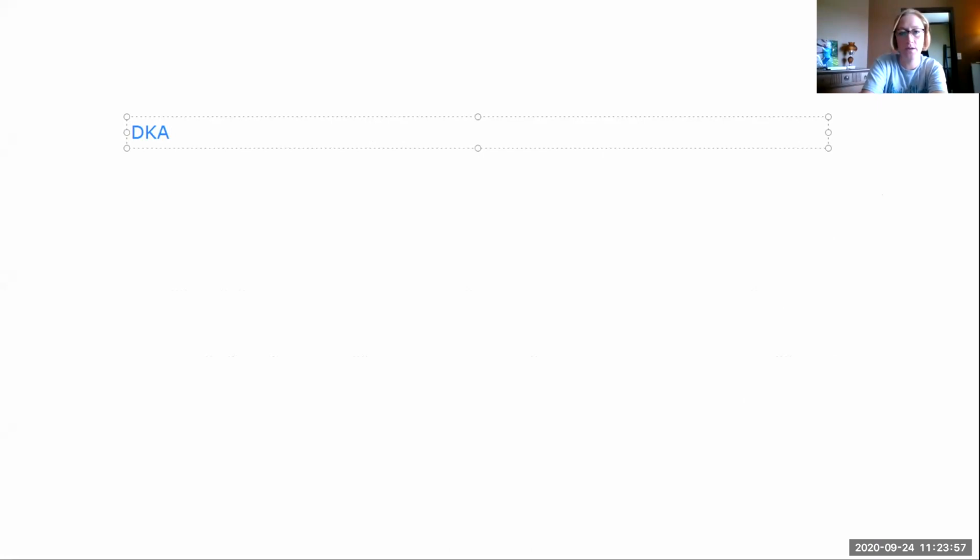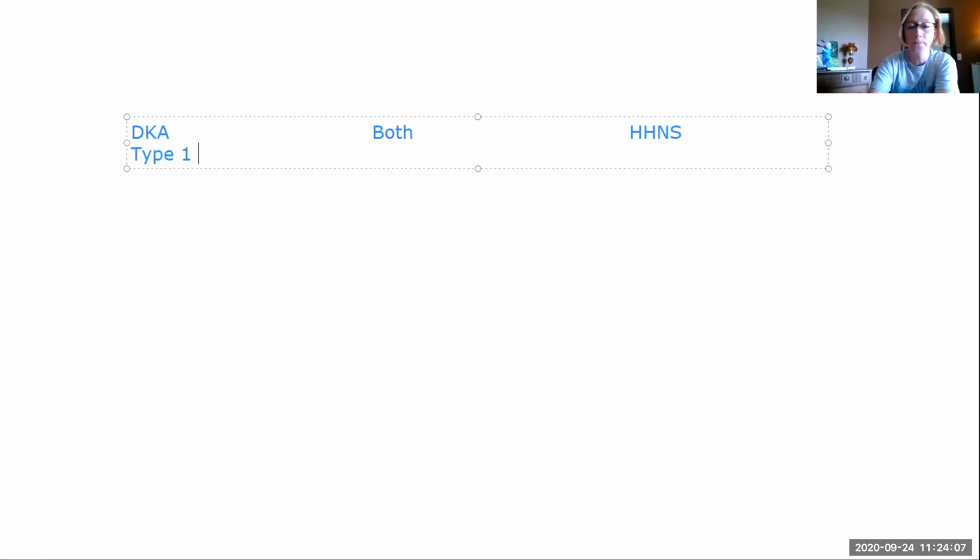You know what, I'm going to put both in the middle, and our HHNS. Okay, so our DKA, again, it's our type 1. Now, because they are both in a hyperglycemic state, both are going to have really high blood sugar levels. And again, what type of symptoms do you see with patients who have hyperglycemia?